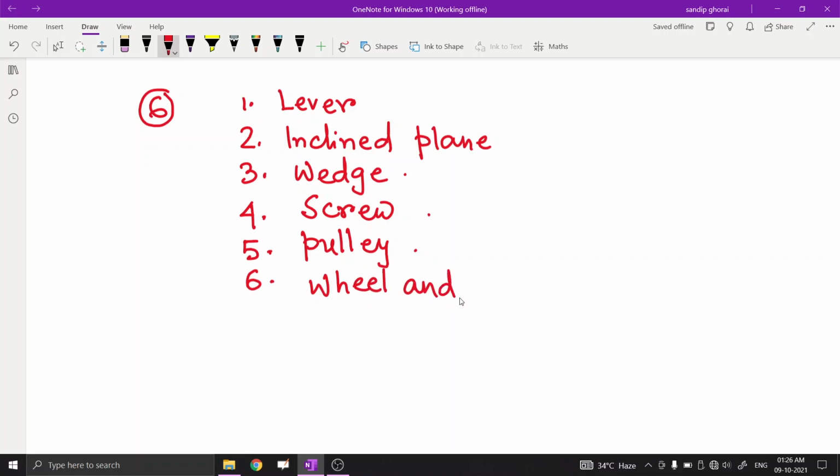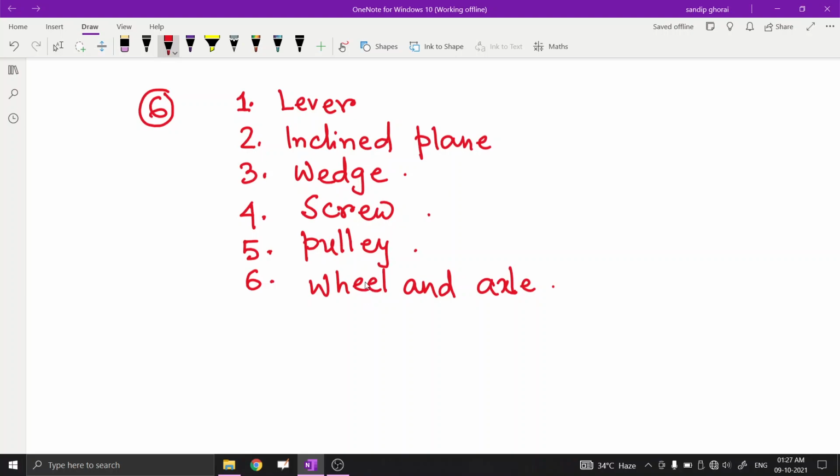Today we will discuss lever at first, and then inclined plane, wedge, and so on.